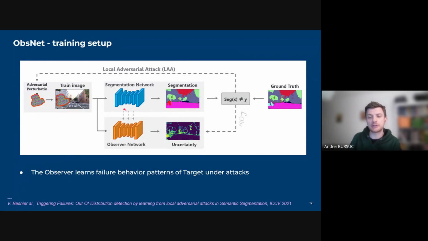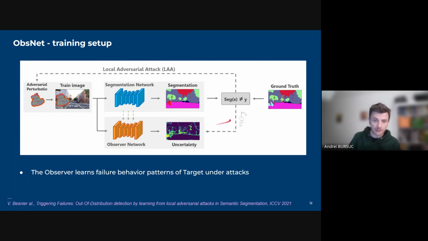So to illustrate a bit the training setup that we have in OPSNet, again, we have our target network, which is a network for segmentation, and our observer network, which takes as input the same image, but also the hidden activations of the segmentation network. The segmentation network, as the name says, will predict a segmentation, while the observer network will predict a confidence map for every pixel in the semantic segmentation.